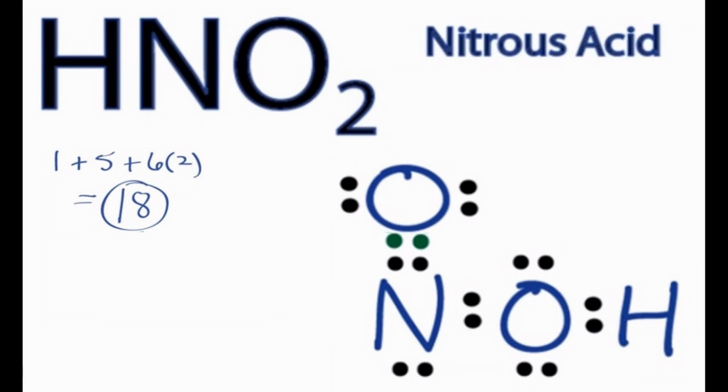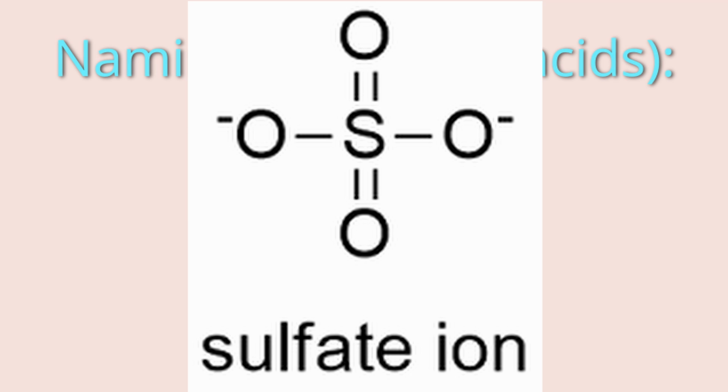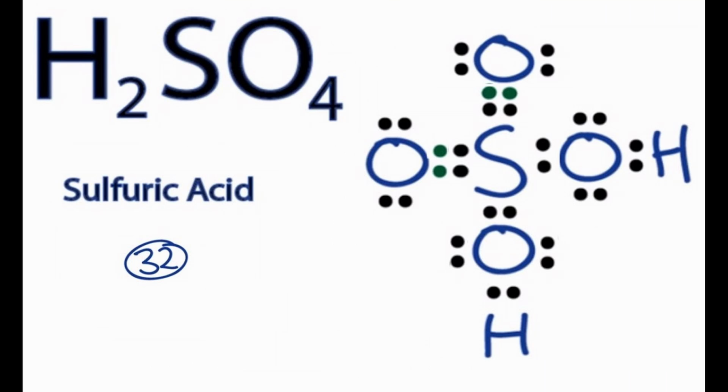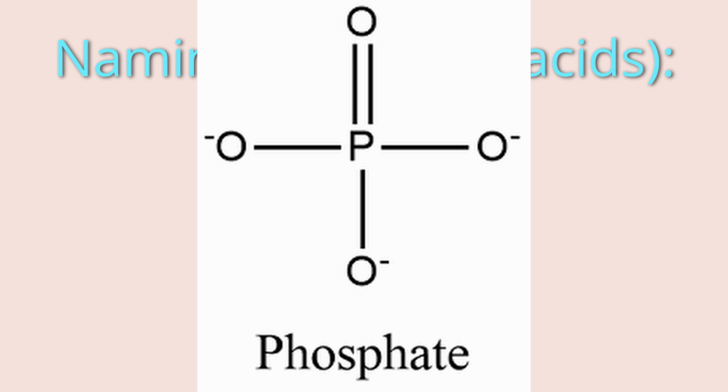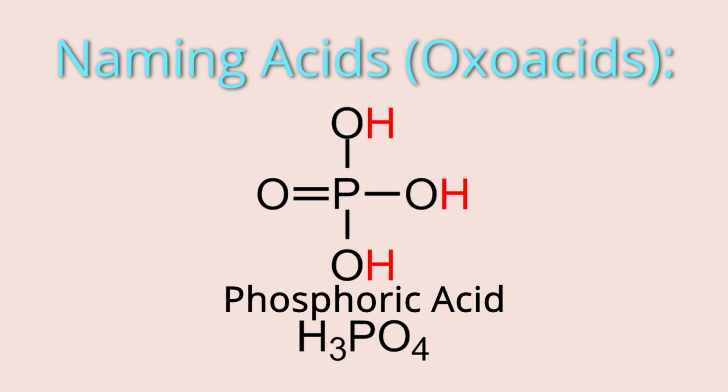Another example would be sulfate. It becomes sulfuric acid. Now this one's a little bit different because you have to add the R for it to work, but it still ends with the ic. That's what's important. There's something similar when you take phosphate and you add the hydrogen, it becomes phosphoric acid.